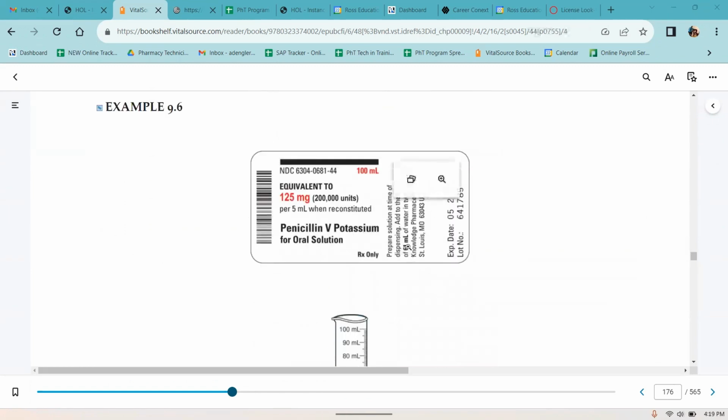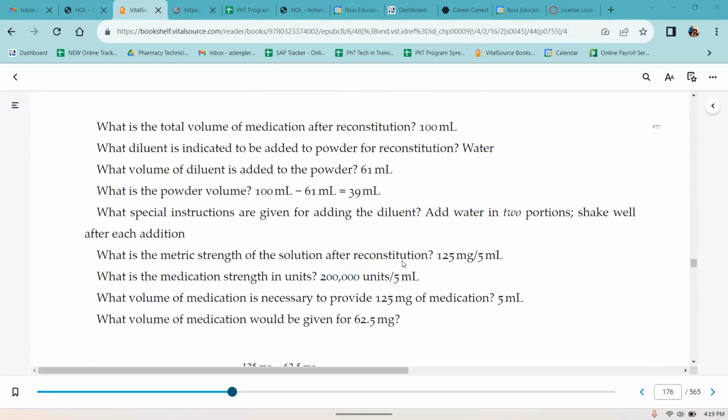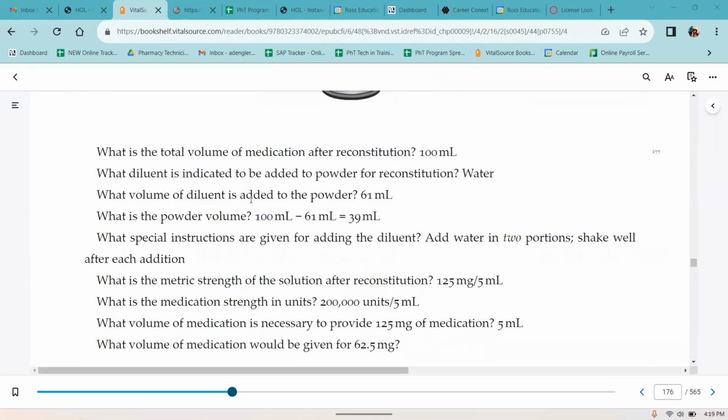It says add 61 ml of water. And what volume of diluent is added to the powder? 61 ml. What is the powder volume? We have the 100 ml that the bottle is minus the 61 ml. So we now have 39 ml for powder volume.